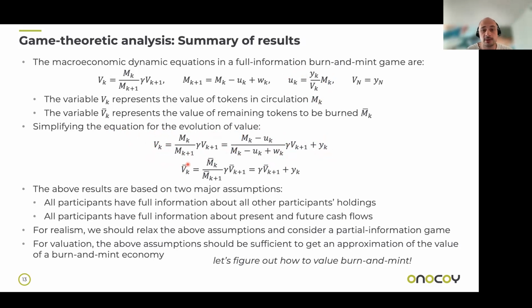V bar is even simpler. It is literally just net present value. So you just discount the future value, or future revenues, future cash flows, and that is what V bar is. So basically, that's what I'm saying in these two slides.